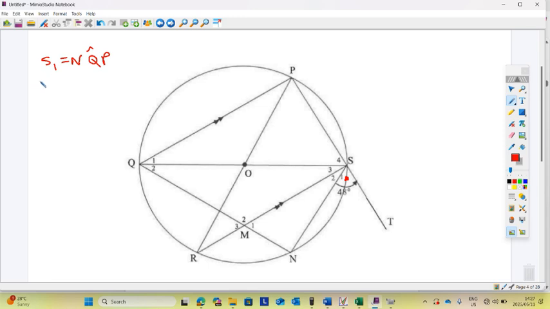And the reason for that, this is external angle of a cyclic quadrilateral. So we are saying this is equal to 48 degrees.